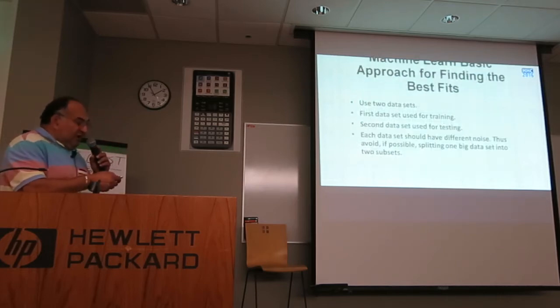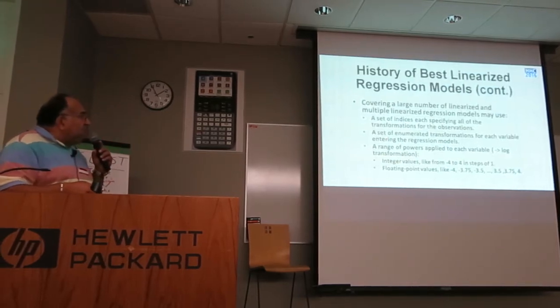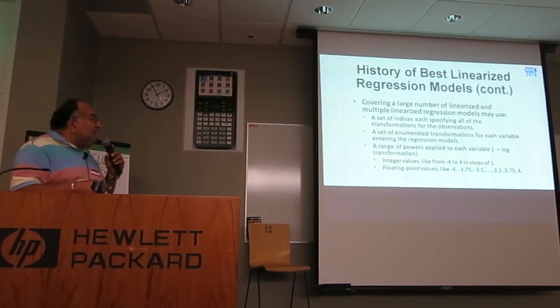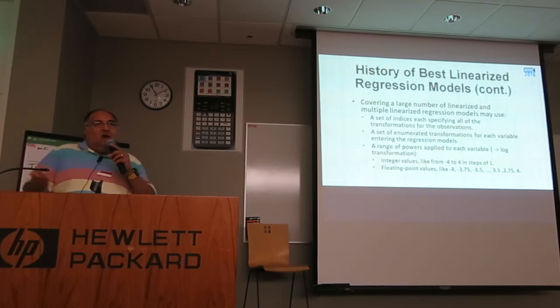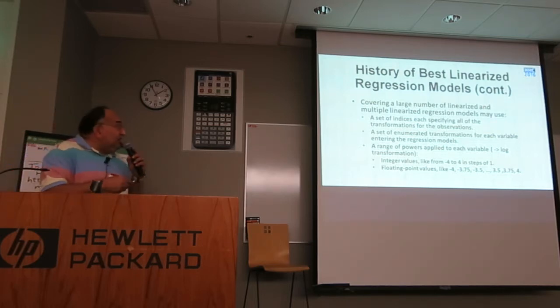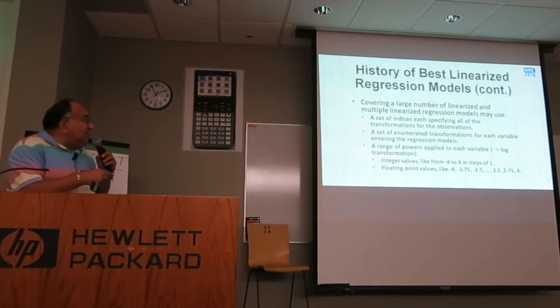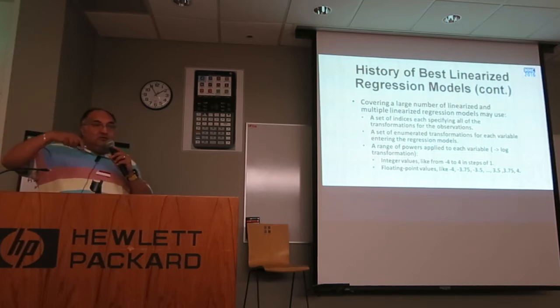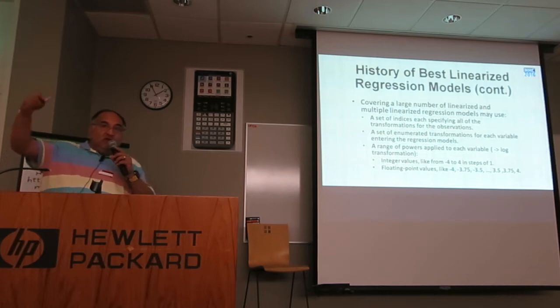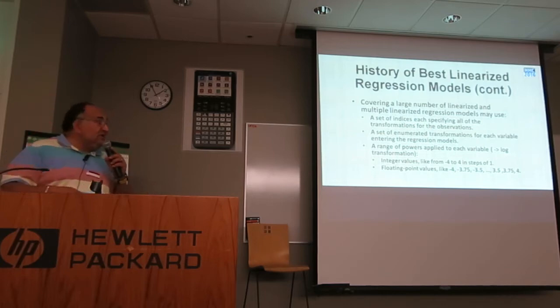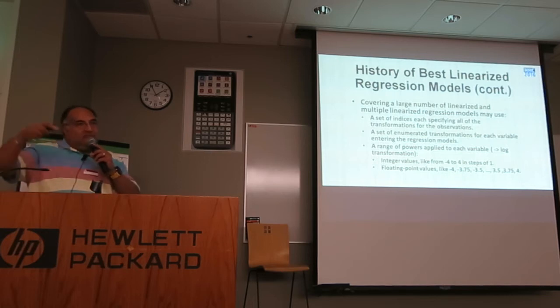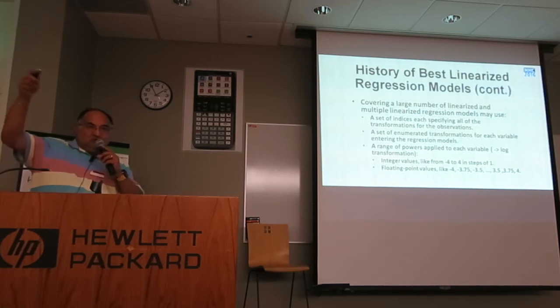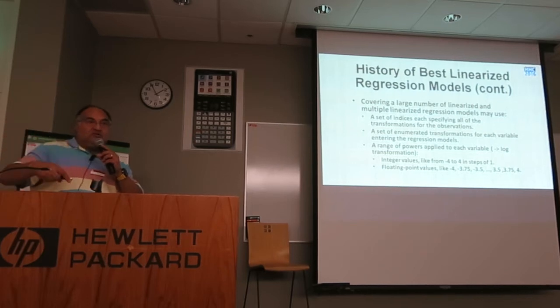Another approach is to set enumerated transformations for each variable. Like 1 is linear, 0 is logarithmic, and so on. Here you add a little more complexity because now you use nested loops and you have combinations of transformations, and then within the nested loops you do the calculations and then store the results aside and then sort or keep track of who is the best.